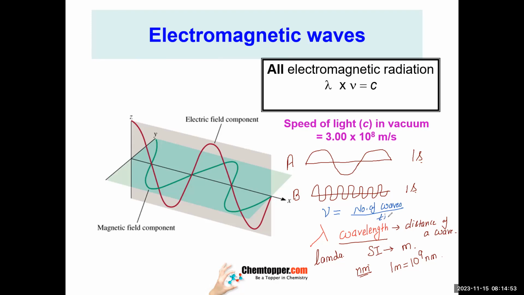And time can be measured in seconds, right? Number has no units. So frequency is represented by this cursive v, small v. It's a Greek letter again. So don't make it like this. Generally books write it like this, but it should be like this. That's fine. You can make an error in this representation. That's not a problem.